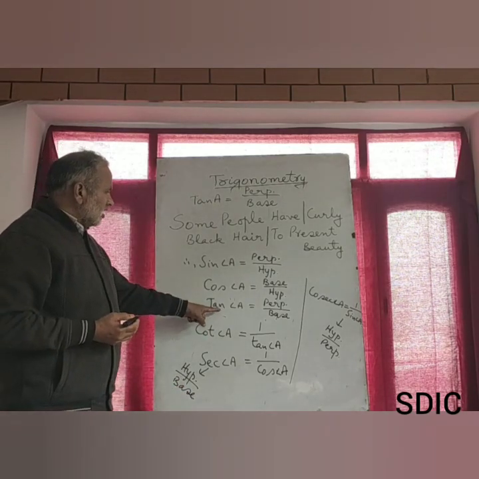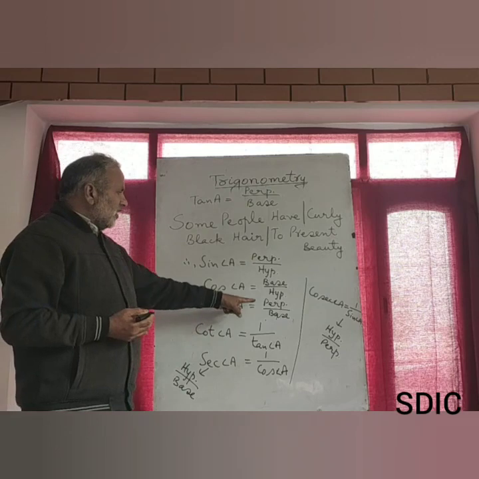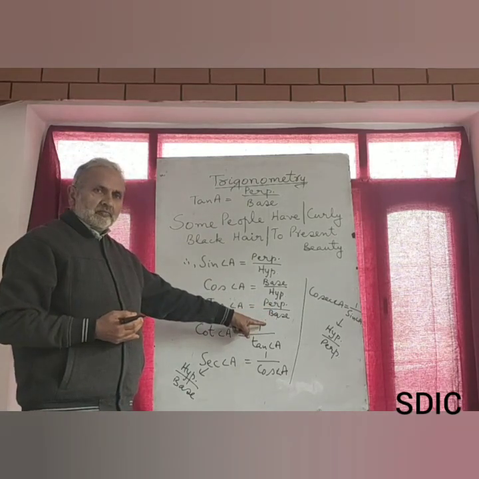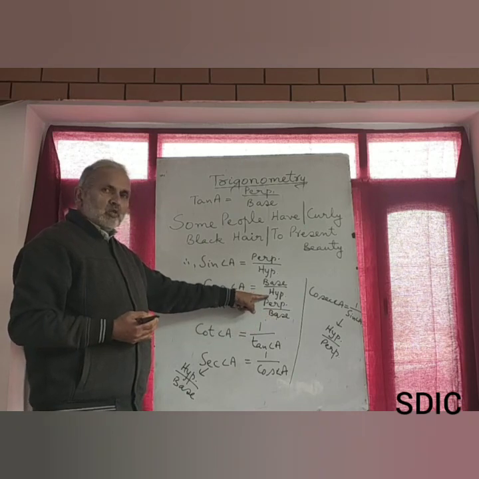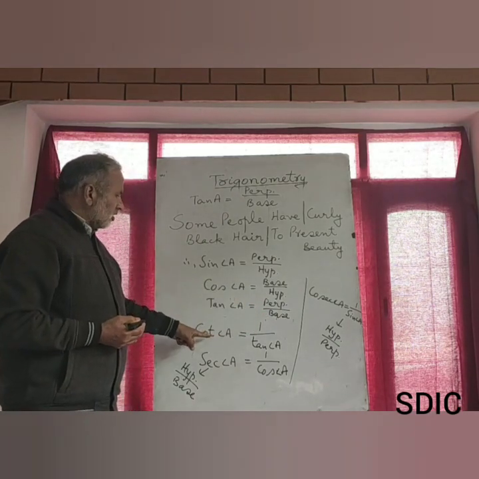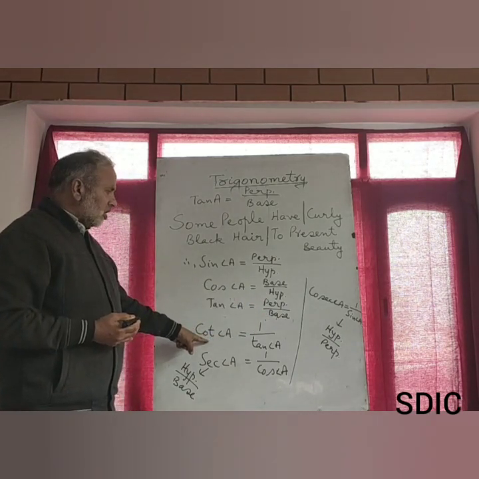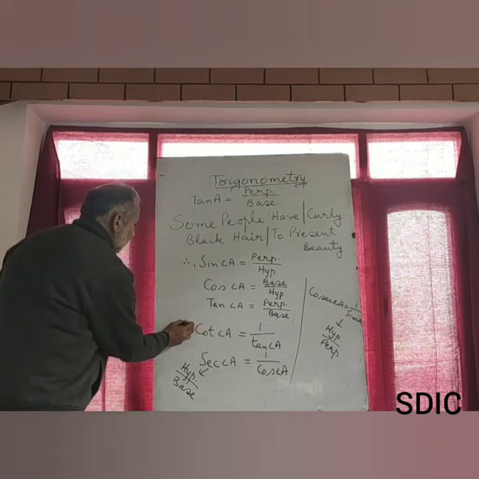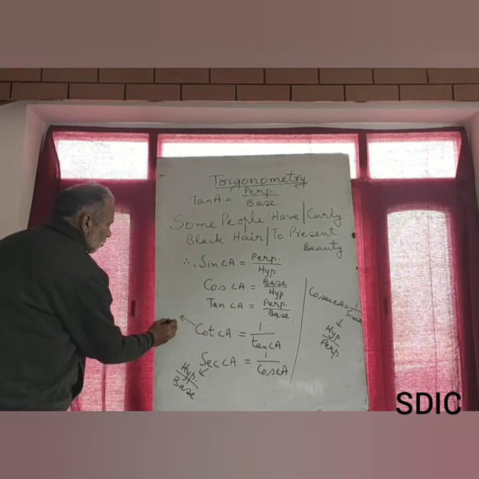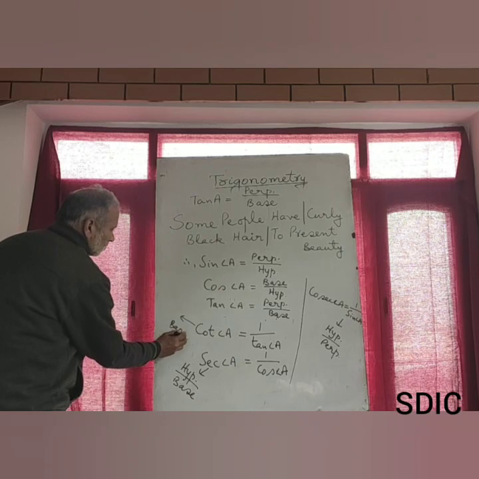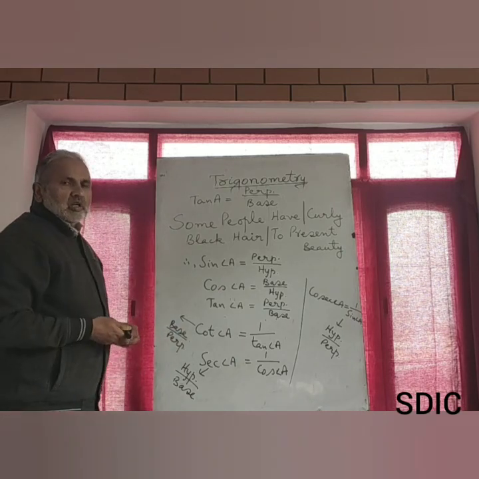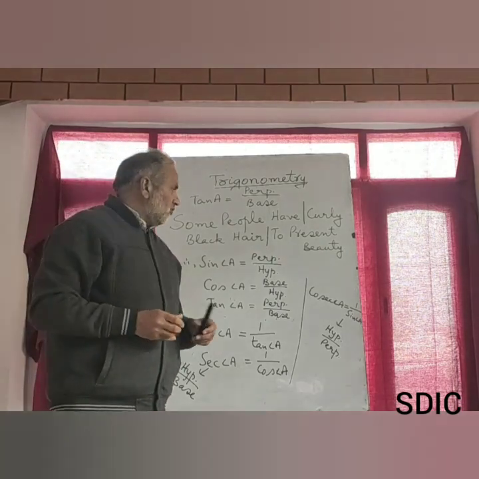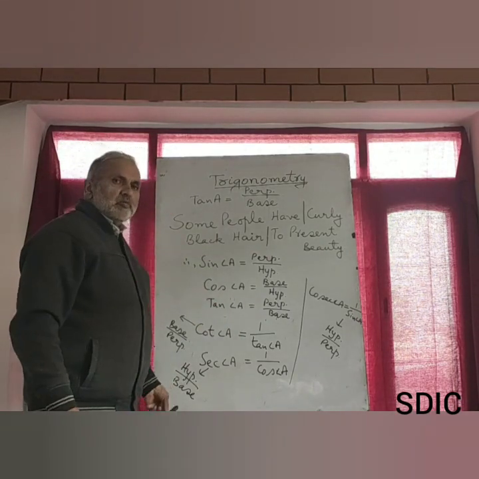And finally, tan being defined as perpendicular by base, its reciprocal will be base by perpendicular, which gives us the definition of cot. Thus, cot is defined as base by perpendicular. In this way, we defined the 6 trigonometric ratios.